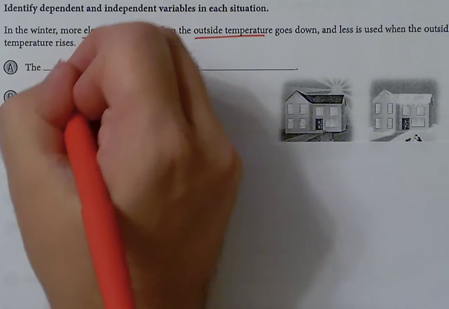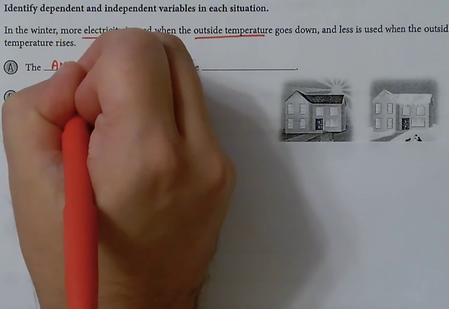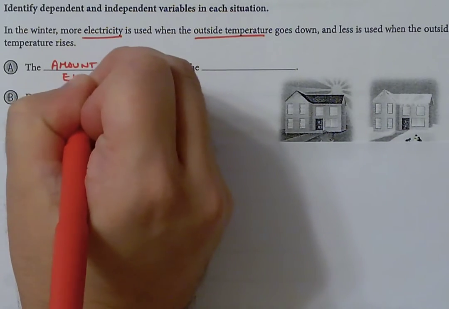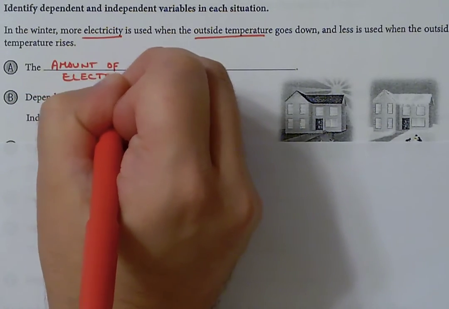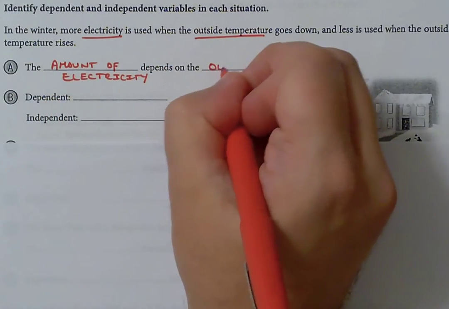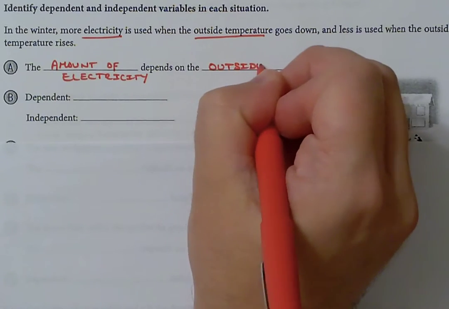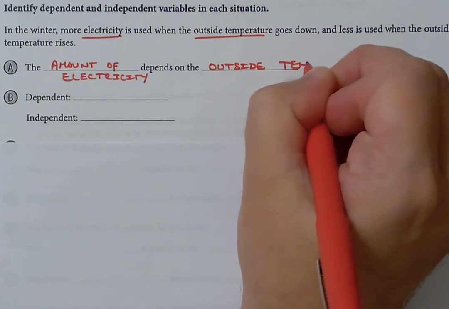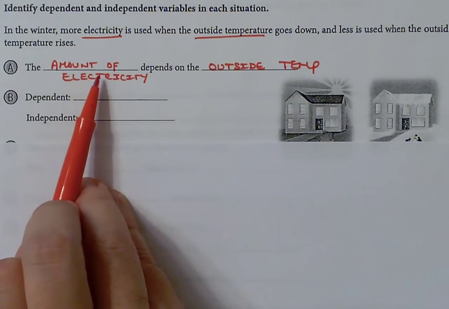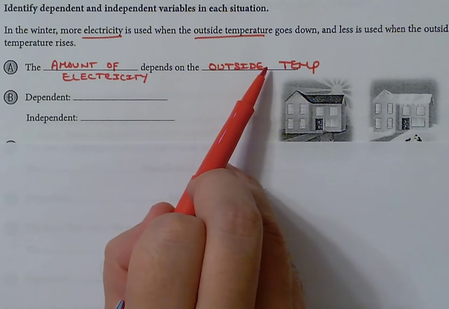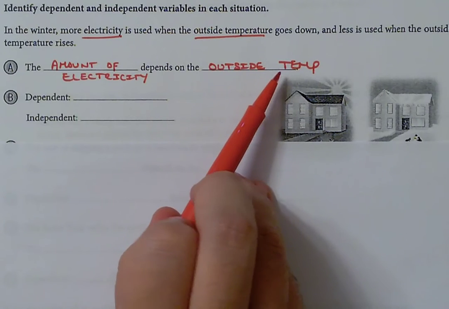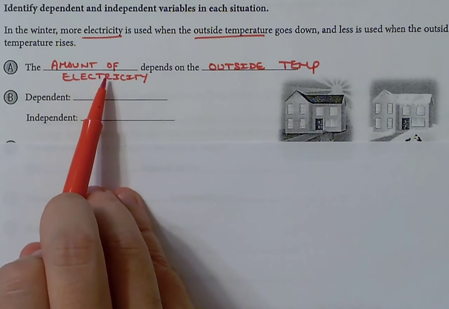In this case, the amount of electricity depends on the outside temperature, because electricity usage isn't going to change the outside temperature, but the outside temperature is going to change how much I use.